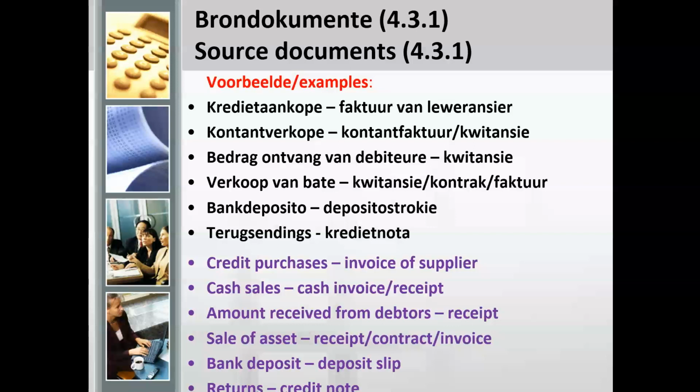The supplier then will issue a credit note to us for the goods that we have returned and which he has accepted back. Now, what is important is that the returns transaction is posted from the credit note issued by the supplier, and it's not entered into the books from the debit note. So please make sure that you understand that quite clearly.